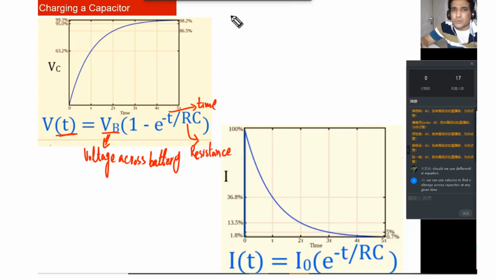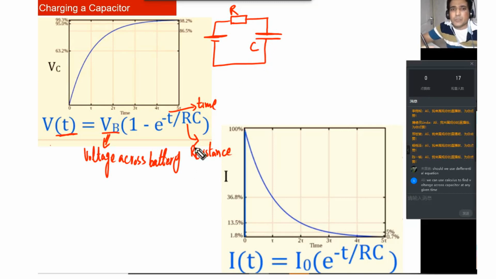As you saw before, we have a resistor here, and then I attach one capacitor here. Let's say this was a power supply, and this one is the capacitor. So R means the resistance of this resistor, and C means the capacitance of this capacitor.